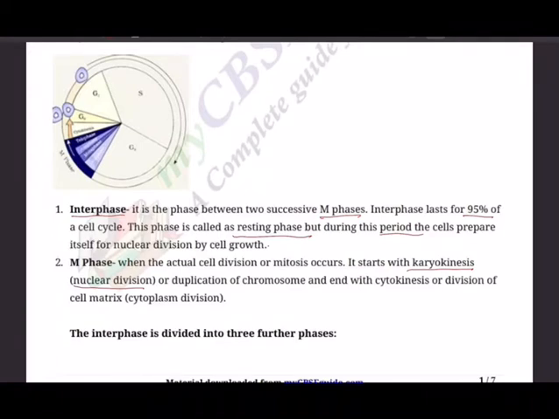And this will be followed by cytokinesis. Cyto means cell, kinesis breaking. The cell is broken. So first the nucleus will be broken, followed by cell breakage. And that completes the mitosis. So duplication of chromosomes ends with cytokinesis, or division of the cell matrix, cytoplasm division.